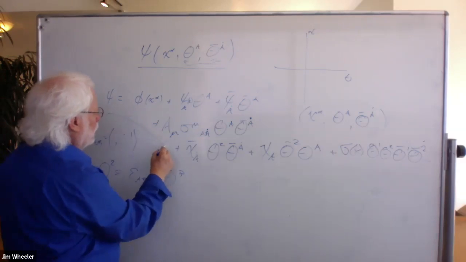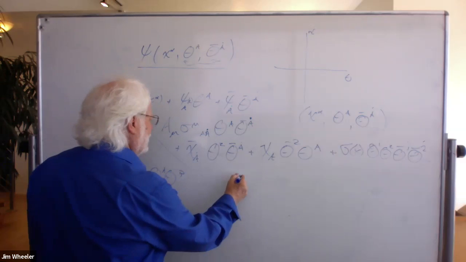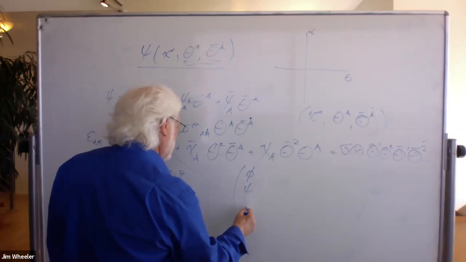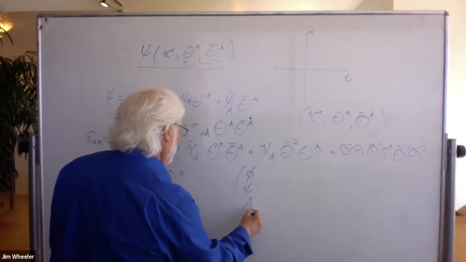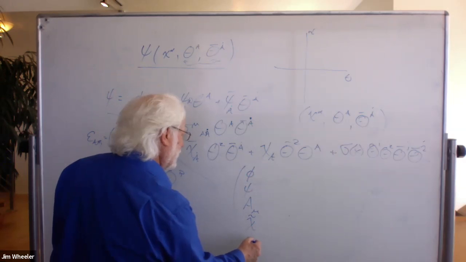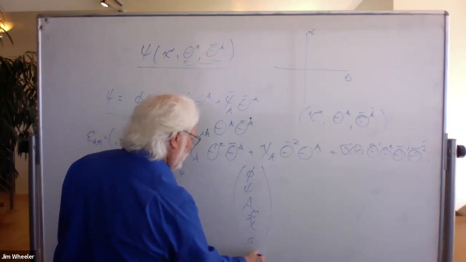Oh, so I see, it's theta 1, theta 2. Okay, I got you. So what we've defined here is a super multiplet with a spinor field, a vector field, another spinor field, and another scalar field.